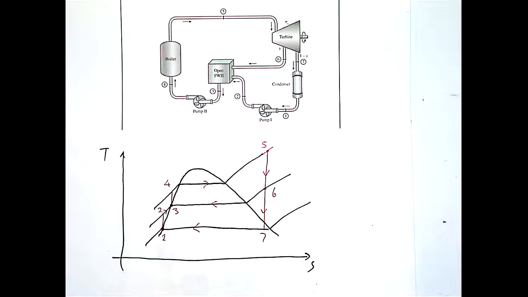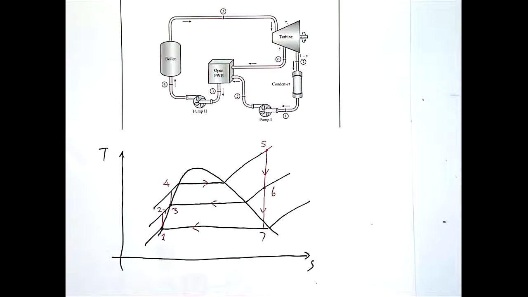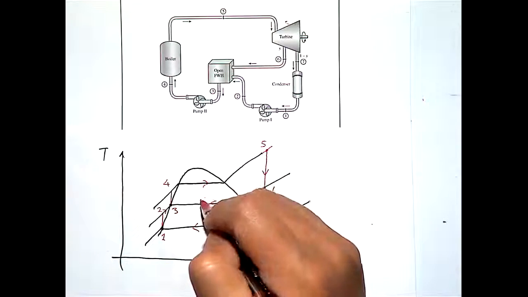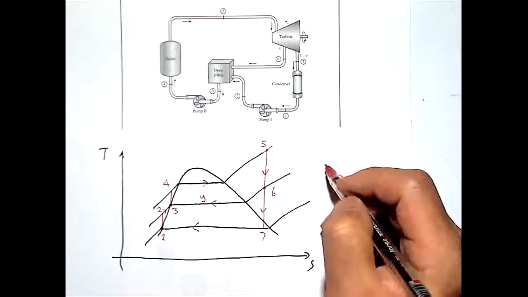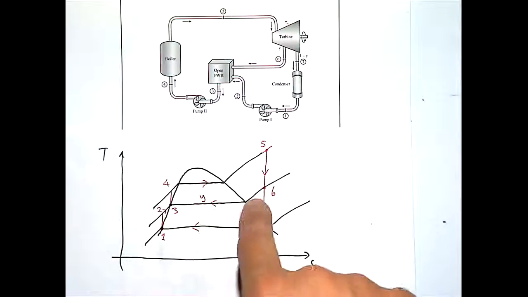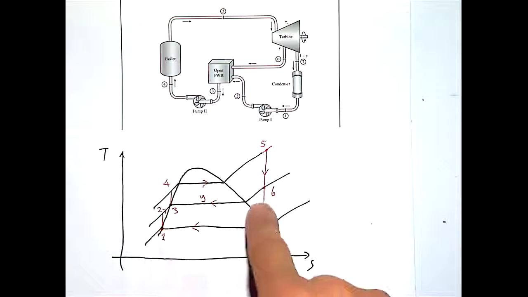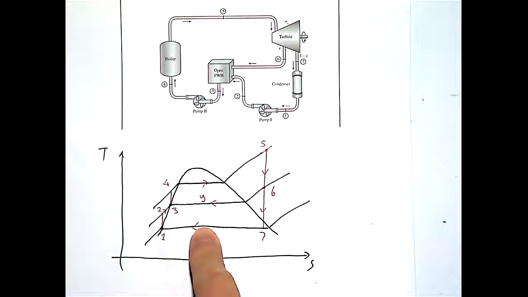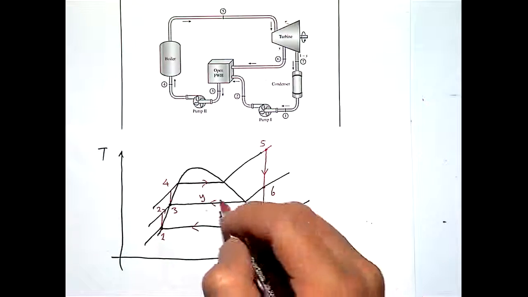So if I have 1 kilogram of working fluid, and I assume a fraction of it, y kilogram of working fluid, is being bypassed here. So total is 1. A fraction of it goes to bypass the turbine. And how much is this line? 1 minus y.